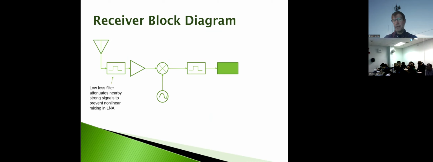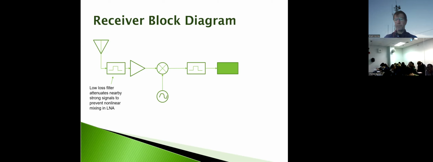Then we will typically have some sort of filtering function up front between the antenna and the first amplifier. This is intended to attenuate or reduce the strength of interfering signals so that it's only passing the desired signals into the system.